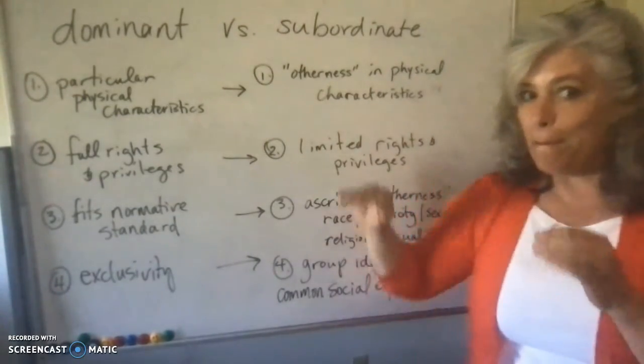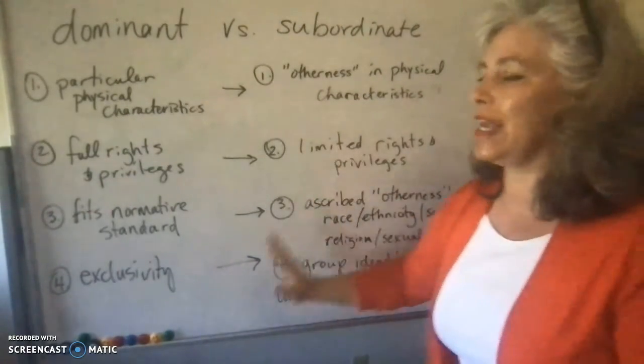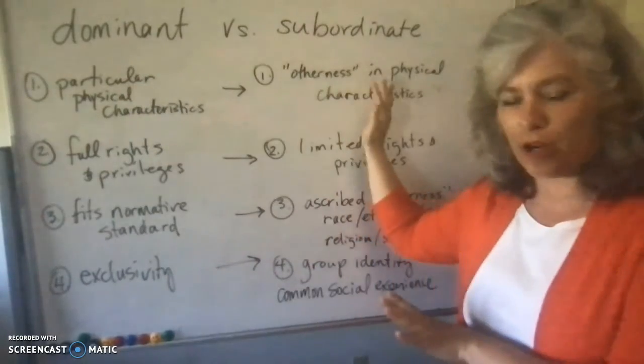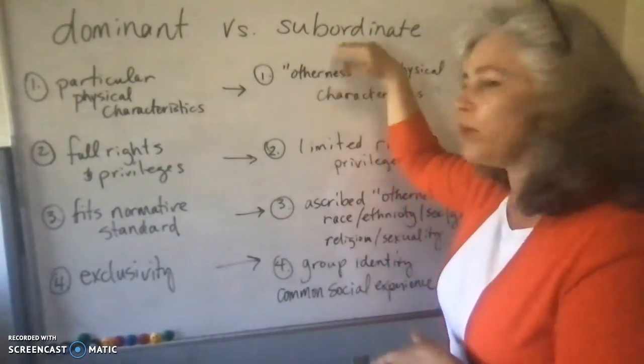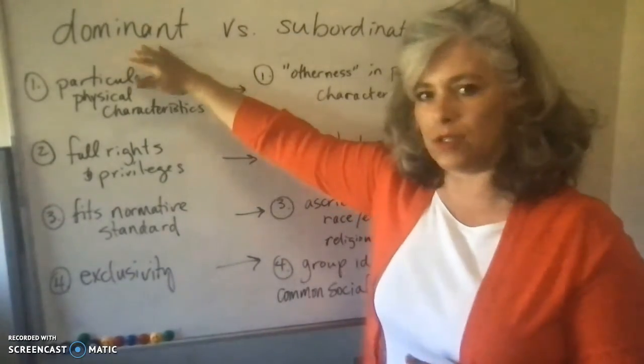So these are the basic background, the basic characteristics that can identify a dominant group from a subordinate group. There can be tons of subordinate groups or ways to define a subordinate group in comparison to the dominant group.